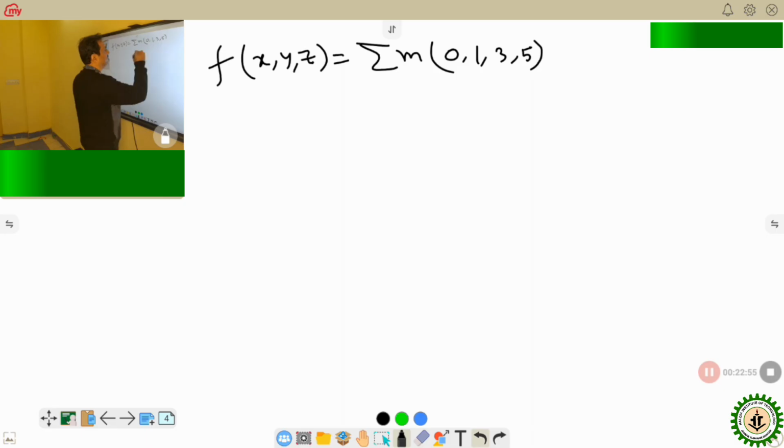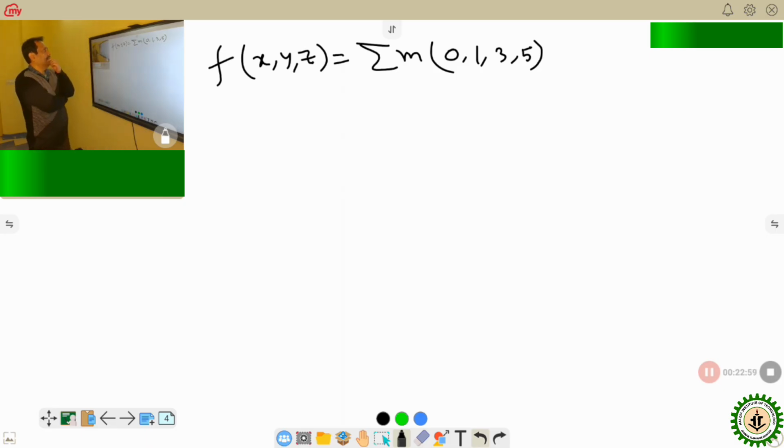What is the meaning of that? So this is the 3 variable Boolean function, and in that particular function, the output is 1 for the min term position 0, min term position 1, min term position 3 and min term position 5.